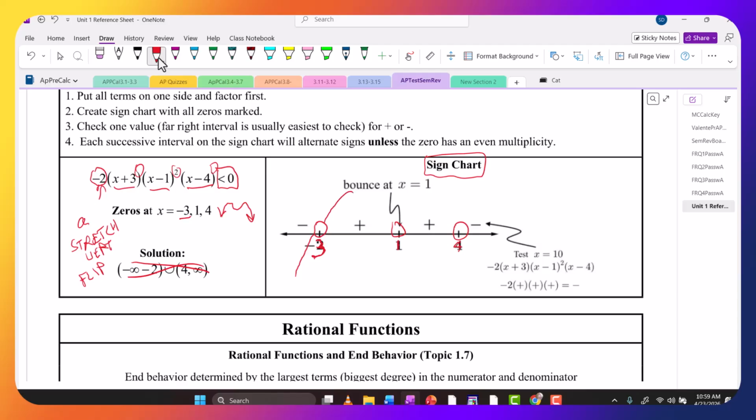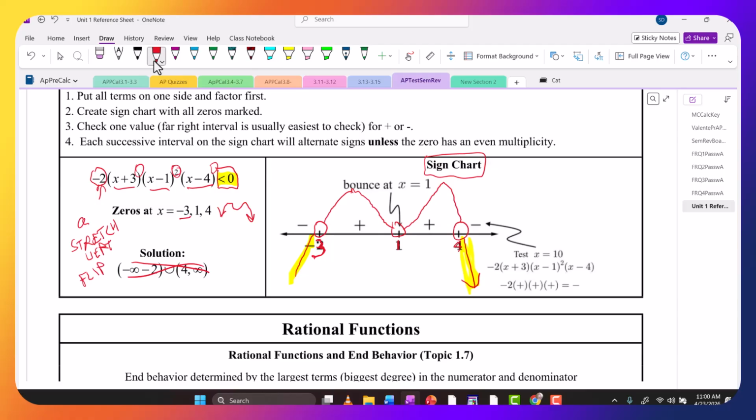And then it would go up, then it would go down. Look at the key right up there, right above here. We bounce here because this is an x squared, or an x minus 1 squared, a double 0. And then it would go up, and then down, and then this is a regular 0, and it would go through. Now, the simple way of input-outputting is less than are these values. Those are the values that the outputs would be negative, which are outputs that are less than 0.